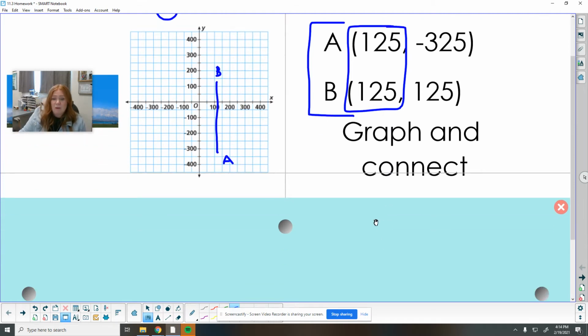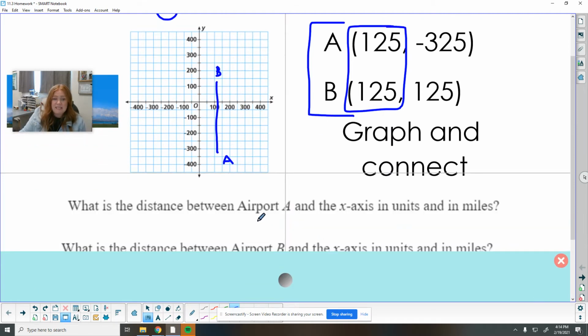Now we want to find the distance from A to the x-axis. We're going to do units and miles. To go from 0 down was the absolute value of negative 325. I went down 325, which means that is 325 units.